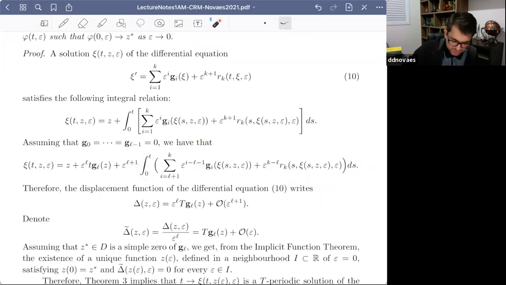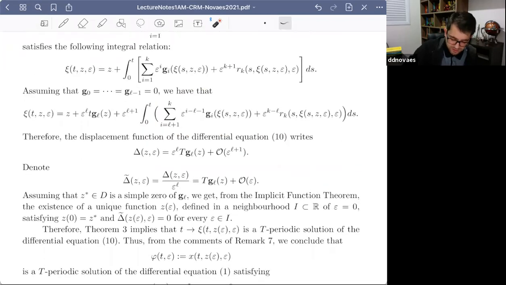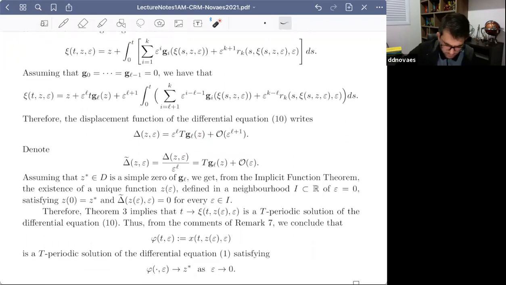Okay, so the displacement function in this case is written epsilon to the power L times T multiplied by the averaged function of order L. Doing the same thing that we have done before, defining delta(z, epsilon) now as the displacement function divided by epsilon to the power L in order to remove this coefficient, it's equal to T multiplied by GL(z) plus order epsilon.